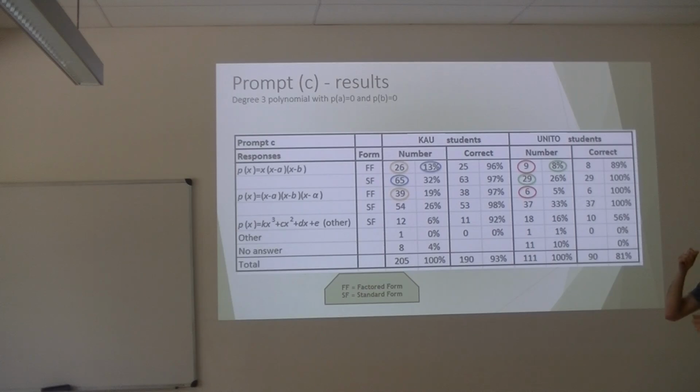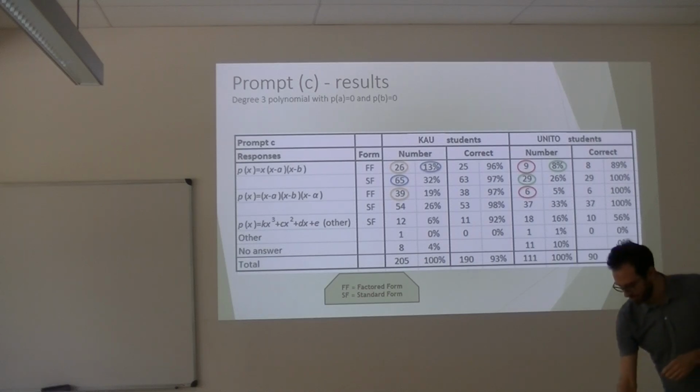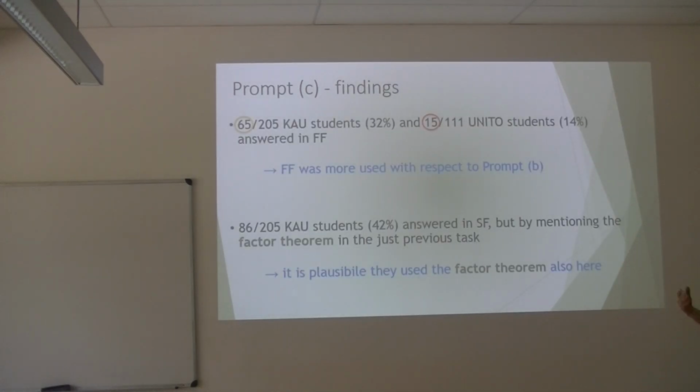In this case there is another task, and the table is really similar, so I'm not describing it again. I'll go back and forth for a moment to focus on the colored circles. Here they have two roots to find.